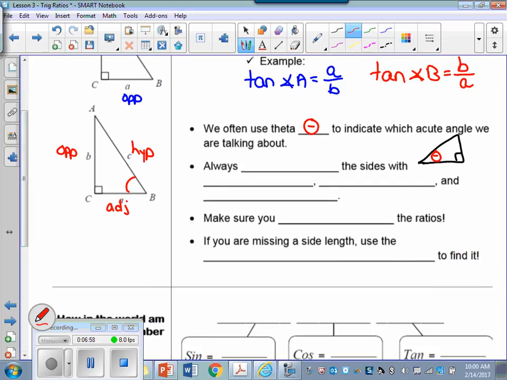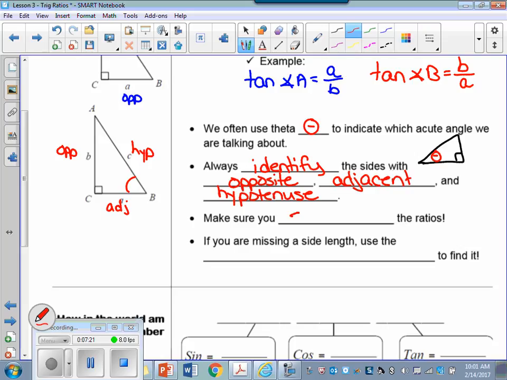Always identify the sides with opposite, adjacent, and hypotenuse. It is so easy to get things confused if you don't label your sides.